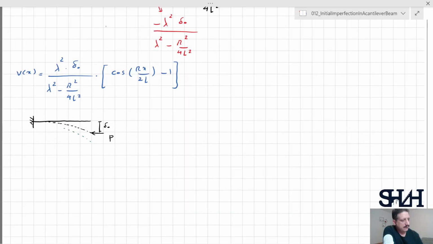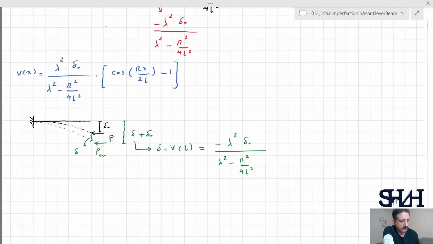Assume that when we approach the critical load, it is coming to the maximum delta. So the maximum displacement will be delta plus delta 0, of which delta is V at the length of L, which we already calculated, and it was minus lambda square delta 0 divided by lambda square minus pi square divided by 4L square.